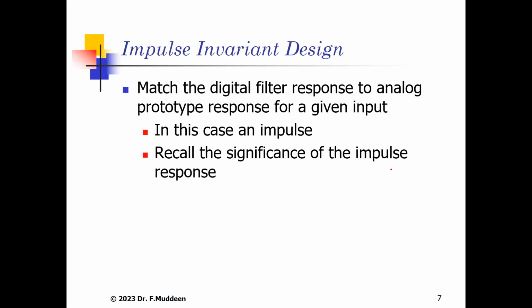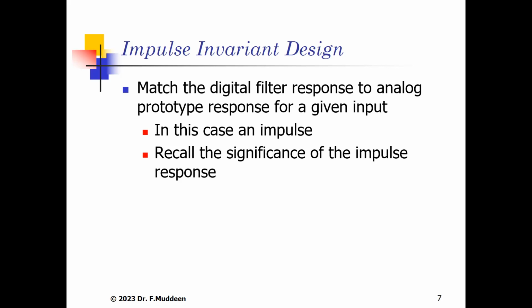And those of you who remember, if you recall, the impulse response is the transfer function of a system. Remember, that's how we defined it. The transfer function of a system was the Laplace transform of the impulse response.